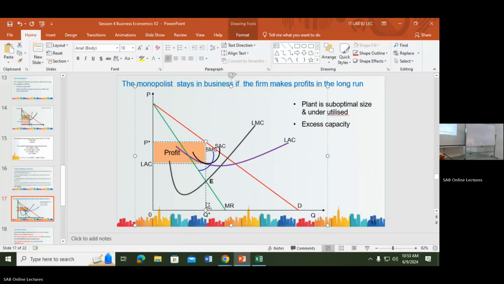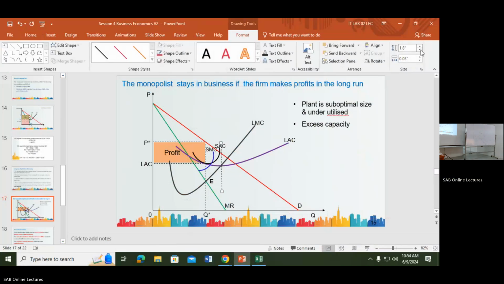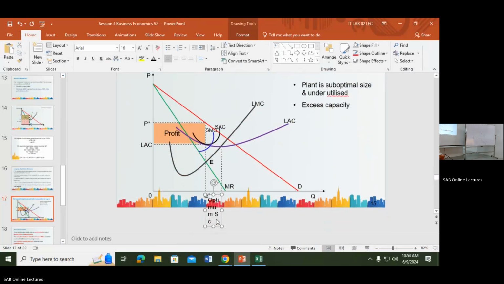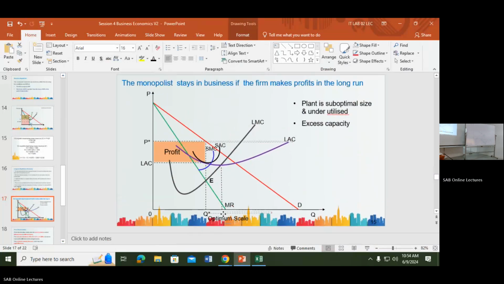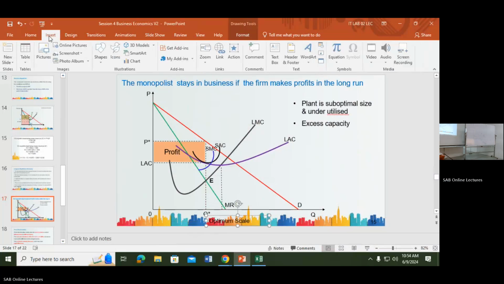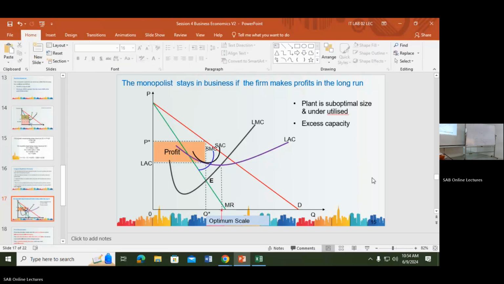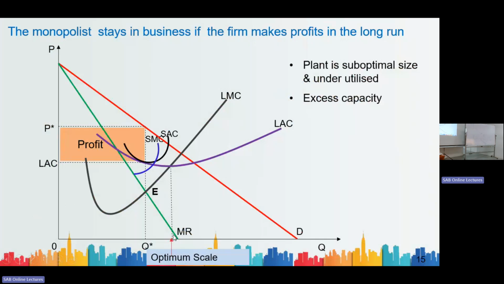This is the optimum scale, but this monopolist does not reach the optimum scale.